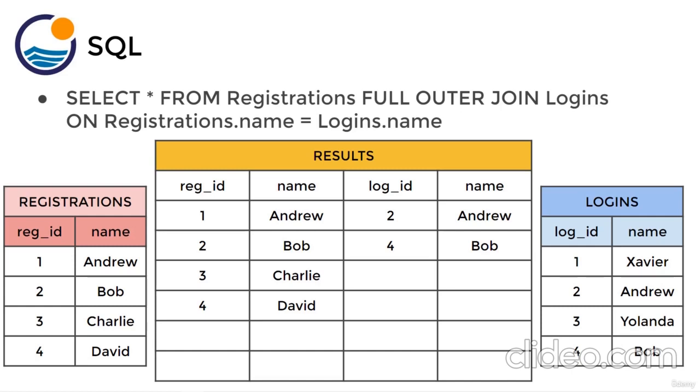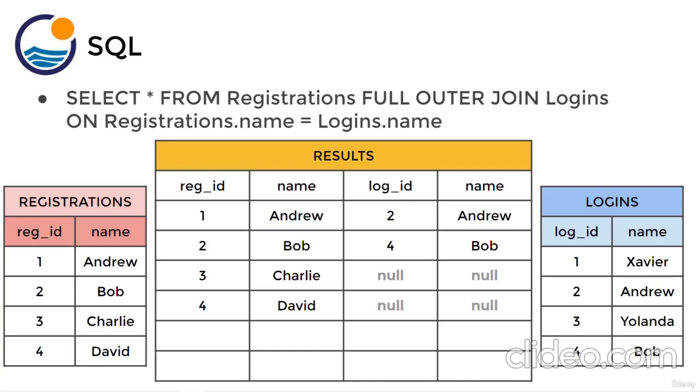Now the issue that arises is that we didn't have a Charlie or David in logins, but we're still asking for everything. So what SQL automatically does for us is fill this in with null, essentially clarifying to you that there was no value present. So there was no Charlie or David in the logins column.